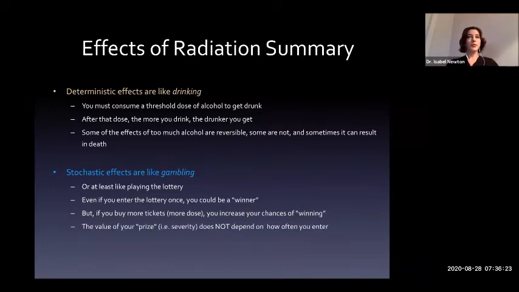The value of your prize, or the severity, does not depend on how often you enter. So you could have many imaging studies with a lot of dose and get a little thyroid cancer that's completely curable, or not, or you could get a very bad cancer 25 years later.